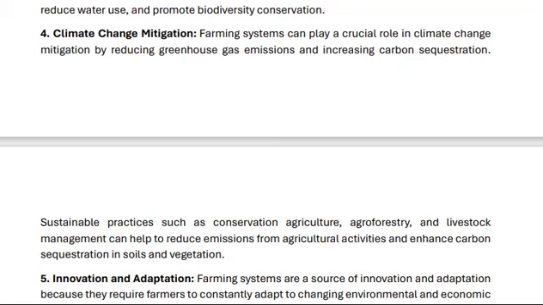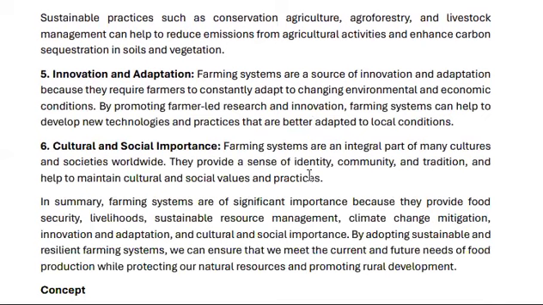Mas nagiging maganda yung pag-absorb ng ating soil ng carbon. Tama.